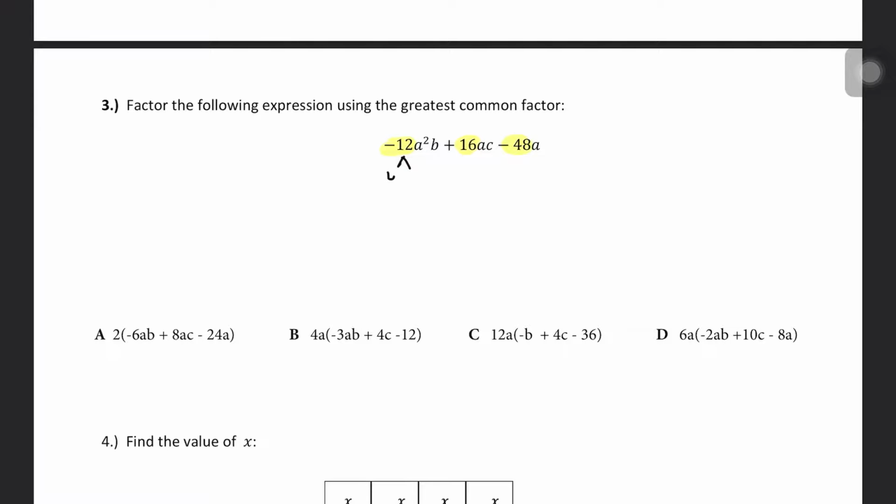For example, 4 times 3, 4 times 4, and then 4 times 12. Next, I see that they all have in common at least one letter A. So that means that my greatest common factor is 4A.